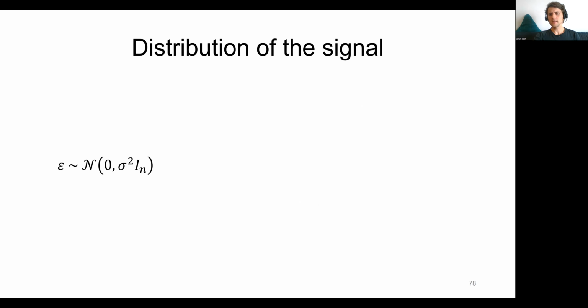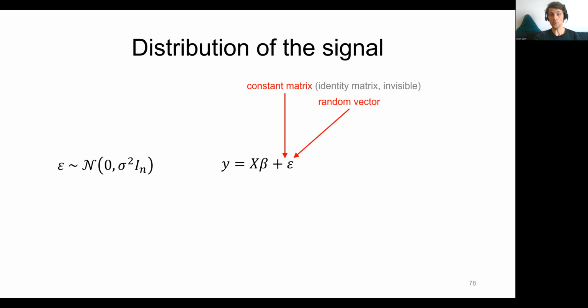Now, let's see how that assumption plays out in quantities that can be derived from these errors. First, we have the signal itself, which according to our model is just a linear combination of the noise and something else. So here we have a random vector whose distribution we know.